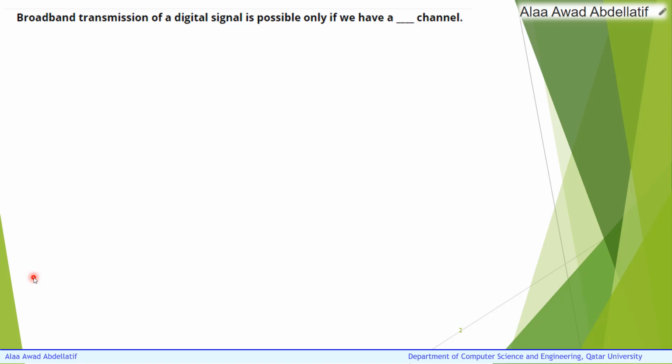So the first question: broadband transmission of digital signal is possible only if we have what? We studied two types of transmissions, baseband and broadband. What's the difference between broadband and baseband?